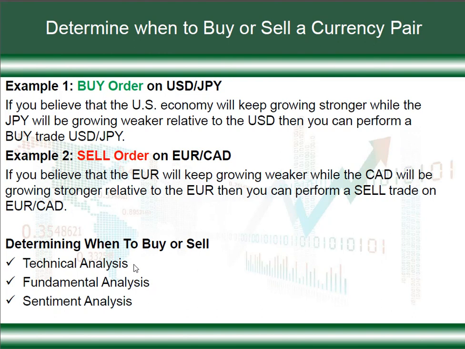In other words, one pair is becoming stronger than another, and then you buy, or as one is becoming weaker than another, you sell. We'll be able to see the arrangement in which you check. Now, technical analysis enables you to determine whether you can buy a pair or you can sell it.